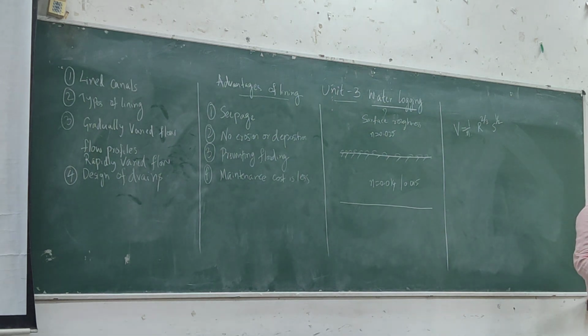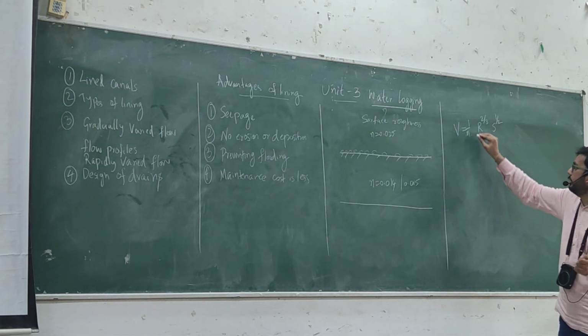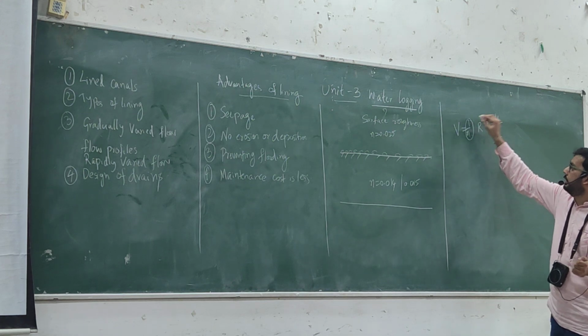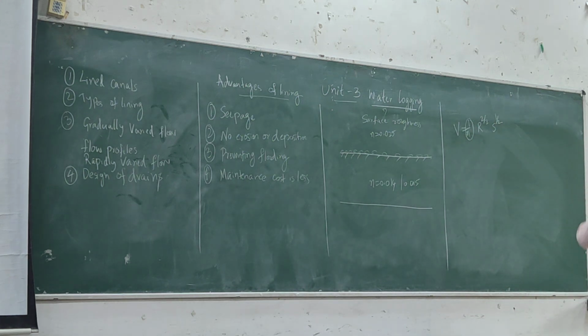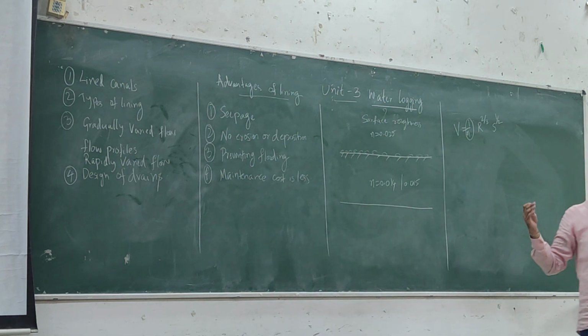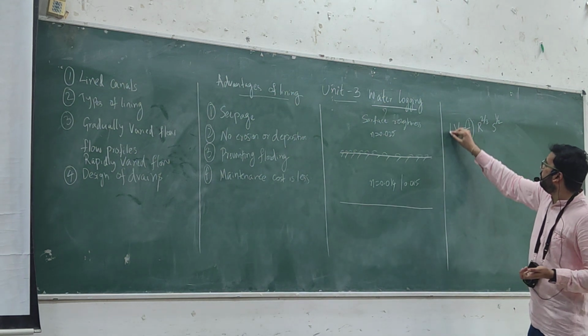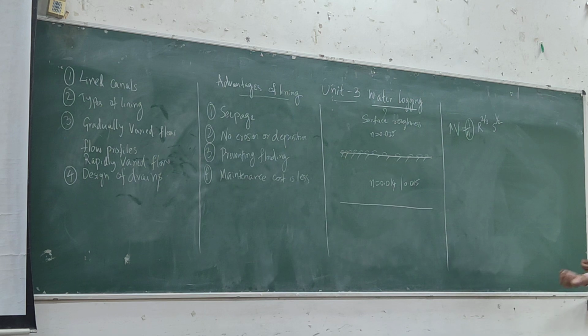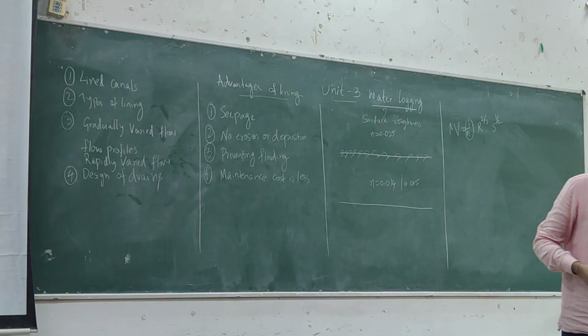So what would be the key differentiator? n. The roughness has reduced. Then what would happen to the velocity? For lined canals we can have high velocities. Now based on this we will start an example to design a lined canal.